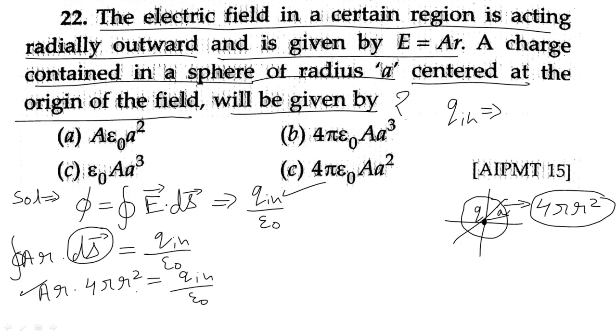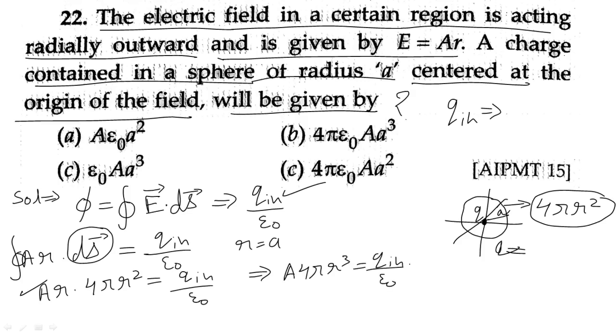The question also mentions that r is taken as small a, the sphere centered at the origin. So r would be small a. Now A times 4 pi r cubed is equal to q enclosed by epsilon naught.